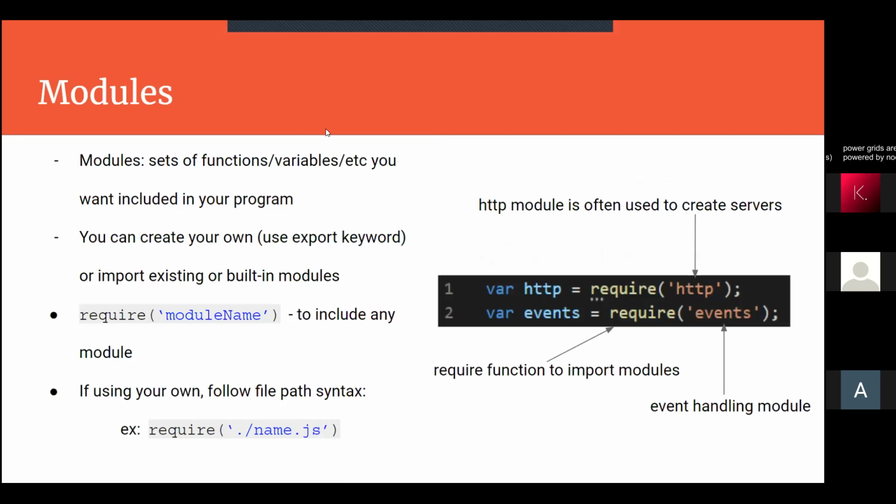So next thing I'm going to talk about is a concept that isn't unique to Node.js or even JavaScript alone. If you've coded in Python or virtually any other coding language, you've probably encountered modules. Modules are basically sets of functions or variables or just data in general that you may not have direct access to in your current file, but you want to have access to.